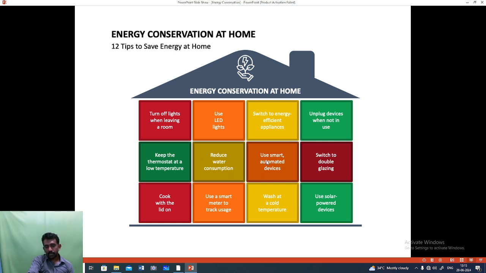Use smart and automated devices, switch to double glazing, cook with the lid on or at a low flame, use a smart meter to track usage, wash at a cold temperature, and use solar power devices. These practices will definitely lead to energy conservation at home.